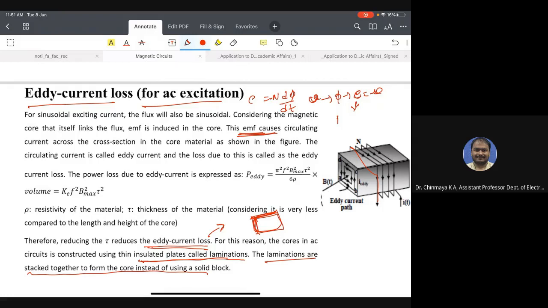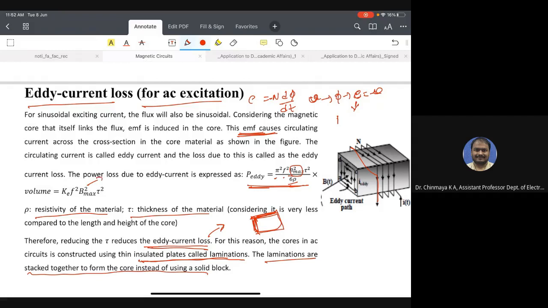The formula for the eddy current loss can be written like this: P eddy is equal to pi square f square B max tau square divided by 6 rho. Rho is the resistivity of the material and tau is the thickness of the material.